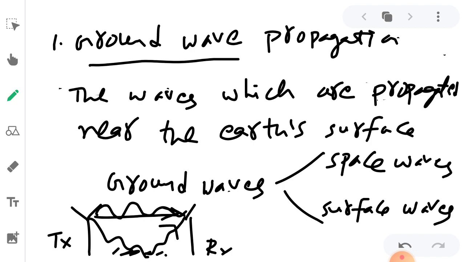The waves which propagate to the receiver antenna through reflections from the earth's surface are called ground reflected waves or surface waves. The surface wave is guided by the surface of the earth and received at the receiver antenna.